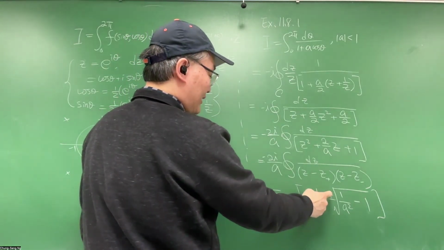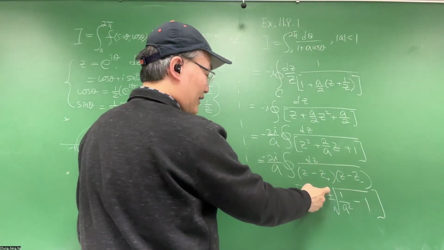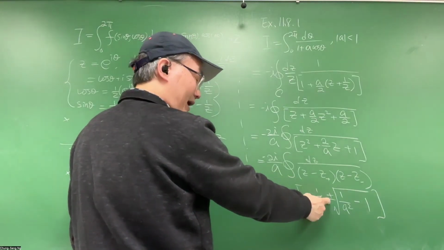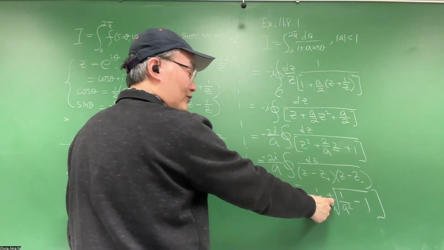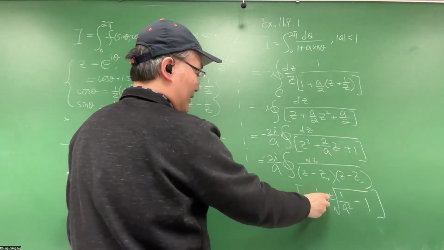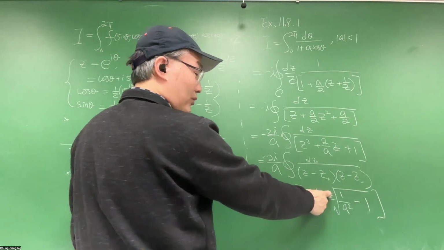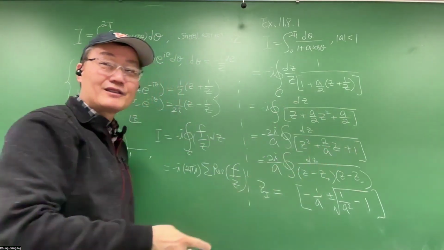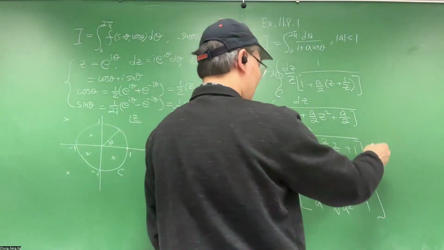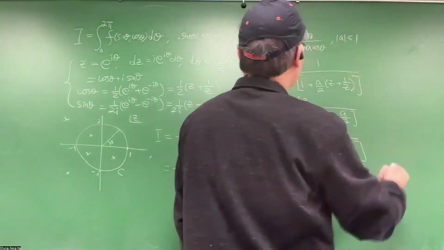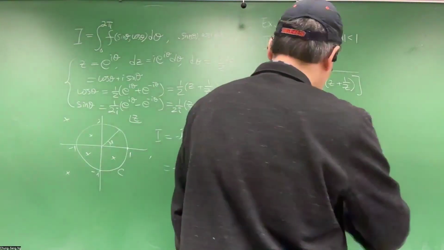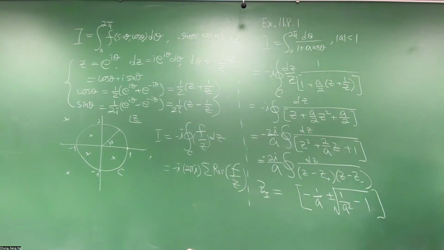Then it depends on the sign of a. One of them will be greater than 1 because you add that or subtract that. If a is negative, the minus sign would be even more outside, and if it's positive, the plus sign will be outside. It depends on the sign of a. To be specific, why don't we just pick one? That doesn't really matter, it's just one way or the other.